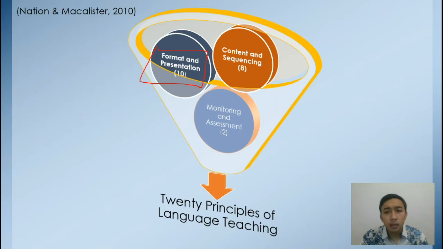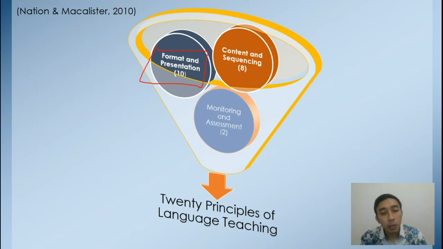First of all, let's talk about format and presentation. It focuses on how we are teaching in the classroom, the format or the design or the techniques we are using in the implementation of the teaching learning process in the classroom. Or it can also be implemented in the lesson plan, reflected in the teaching learning process.